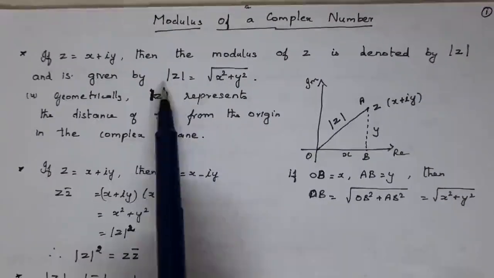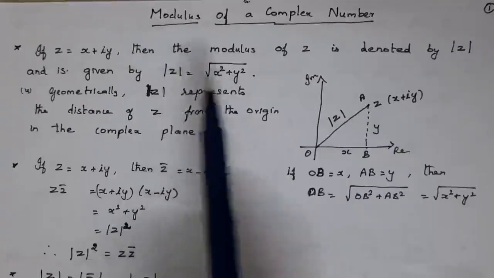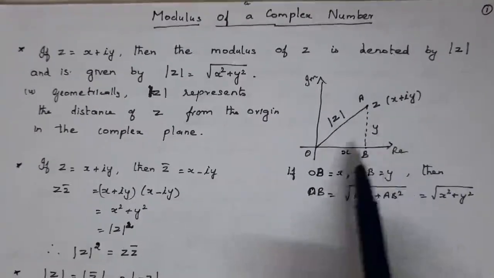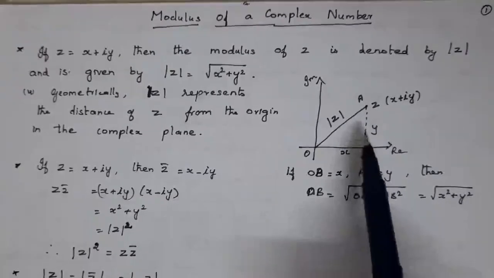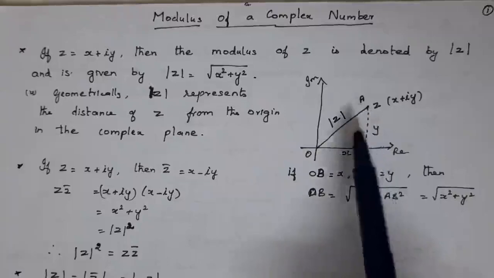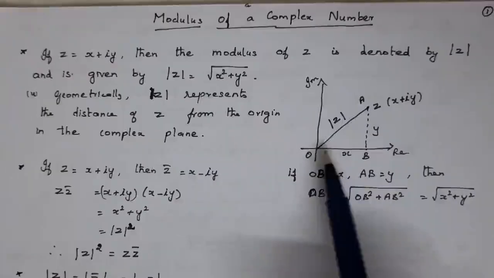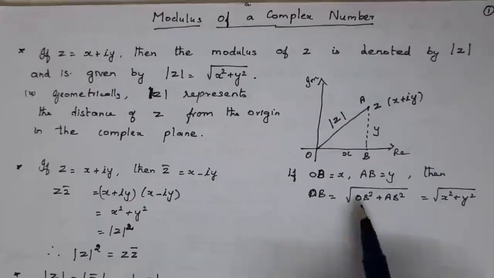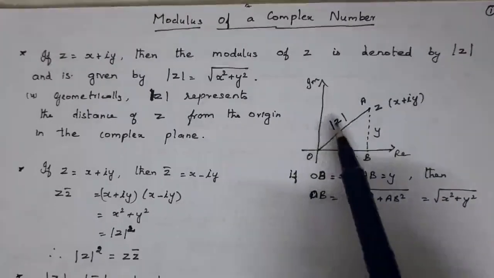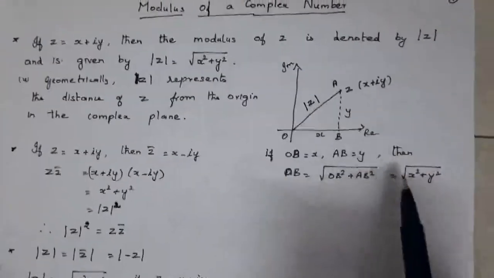So, how do you represent this modulus z geometrically? If you take z as a point A in the complex plane, then OB represents the x coordinate and AB represents the y coordinate. If you join OA, then according to Pythagoras theorem, OA squared is equal to OB squared plus AB squared, that is x squared plus y squared. So what is root of x squared plus y squared?